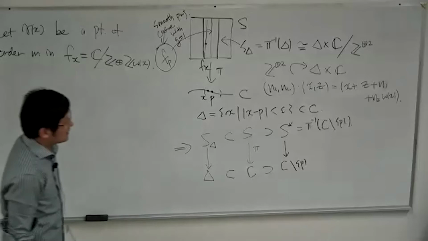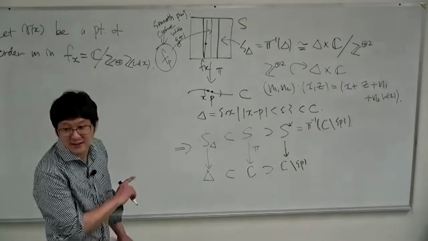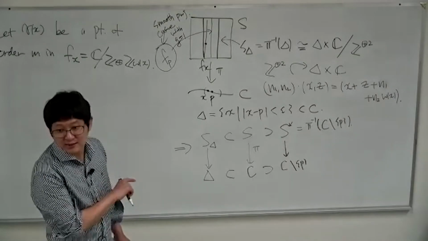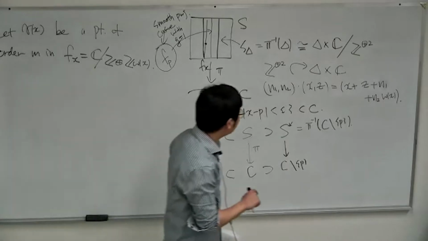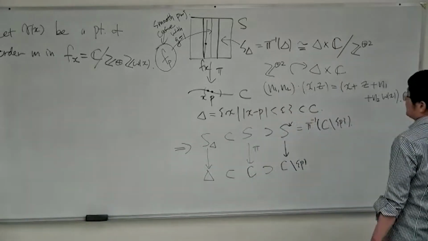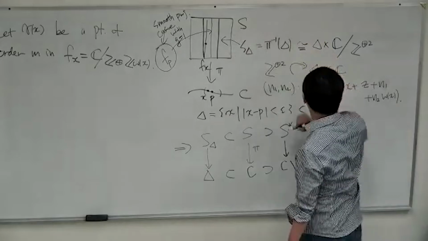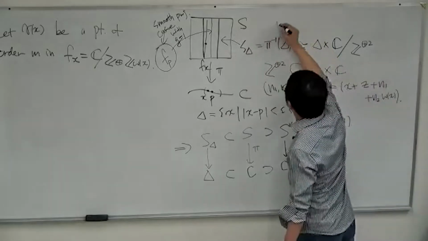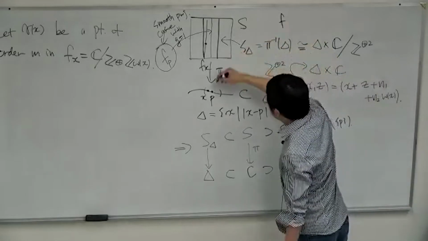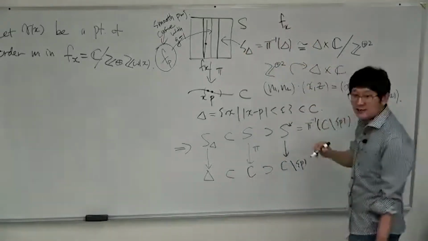The question is, what is this W, right? So for each x, this fx is an elliptic curve.